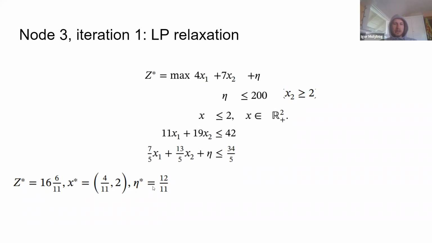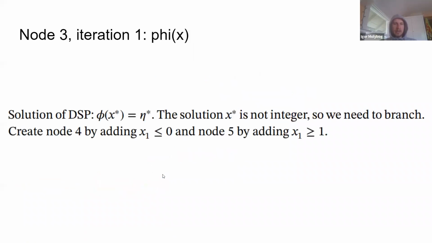The eta star takes the value 12 over 11, which is exactly the same value as the solution of the corresponding 5x star.